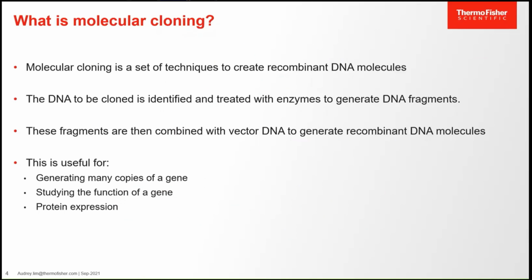To do this, the DNA to be cloned is first treated with special enzymes to generate the appropriate DNA fragments. The fragments are then combined with the vector to generate the recombinant DNA molecule. And by transforming the recombinant DNA into a bacterial cell, you can quickly generate many copies of the gene.